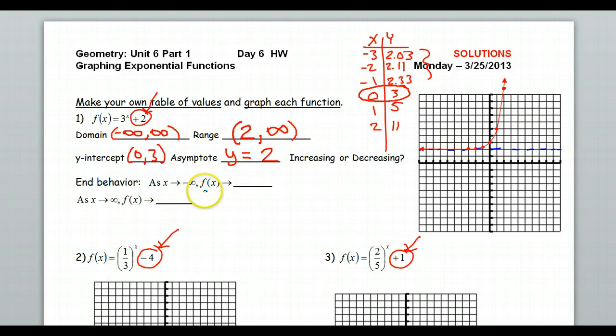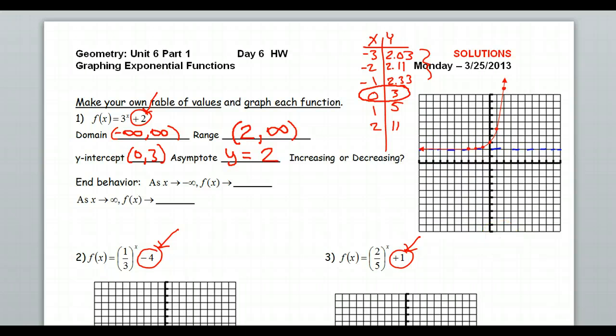Now, as far as the end behavior, we're basically saying what y value does the graph approach in each direction. So this first part that says as x approaches -infinity, that's just a fancy way of saying as the graph goes to the left.